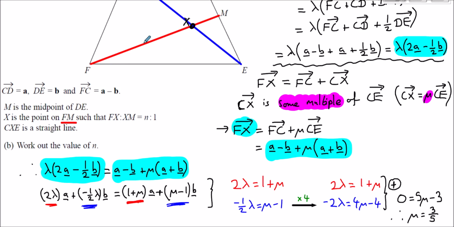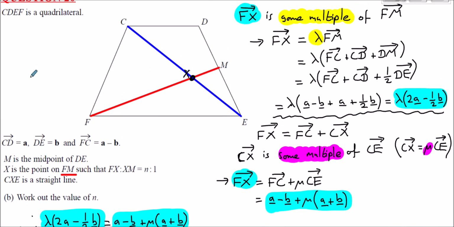So that multiple of fx, if we just remember and scroll up, we define that as lambda. So if lambda was a half, that would mean x is halfway along. If lambda was 2/3, that tells us that x is 2/3 the way up from f to m. So we're interested really in this lambda.